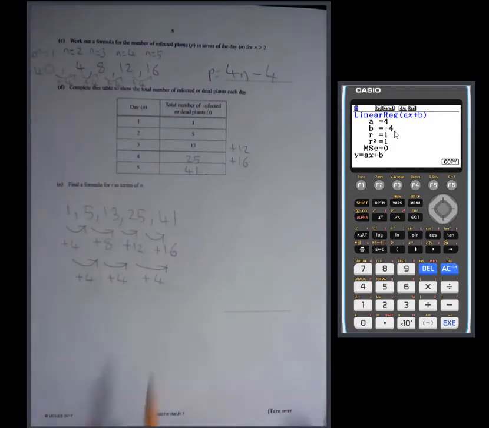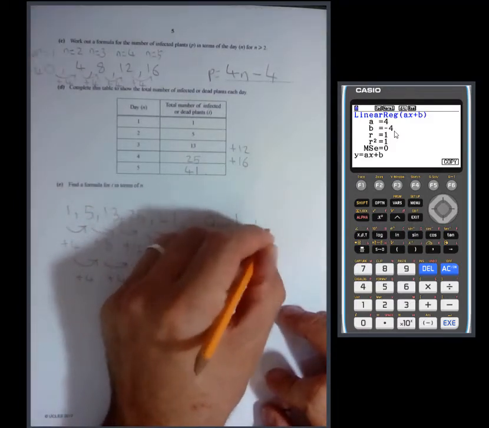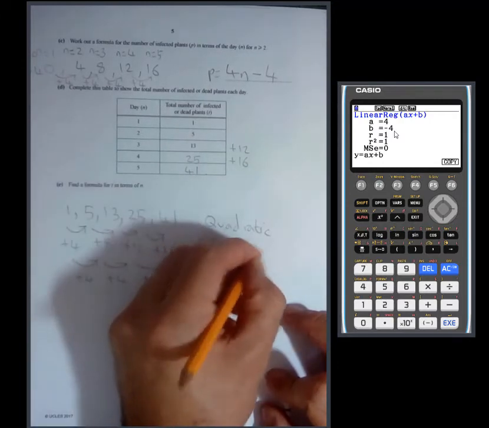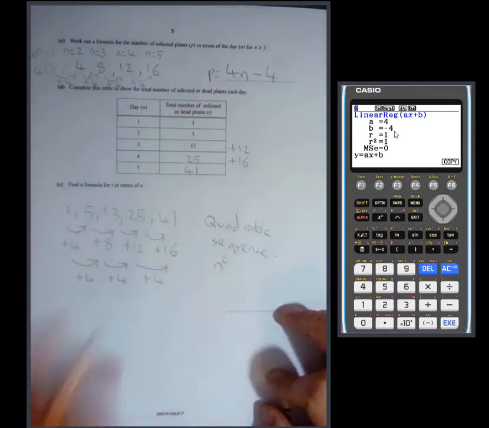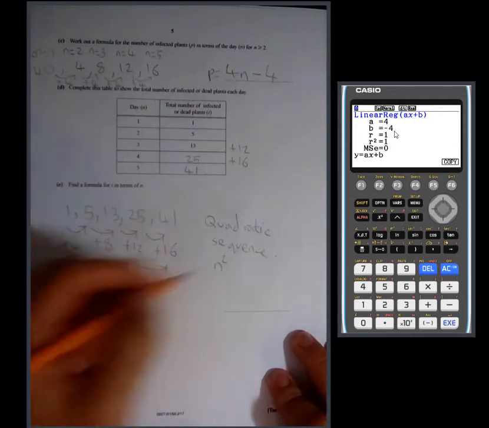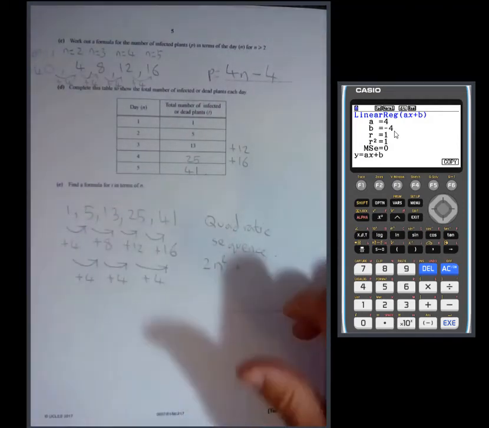Firstly, it implies it's a quadratic sequence, which means that it's going to have an n squared in. And actually, the n squared term is always half of the second difference, so it's definitely going to have a 2n squared and then probably plus some more stuff.